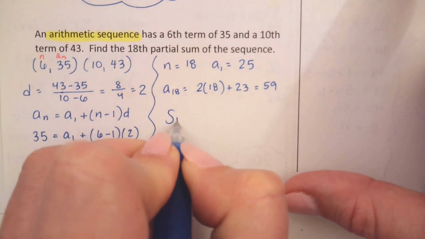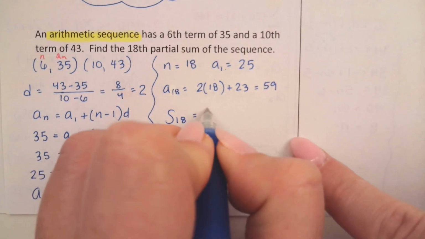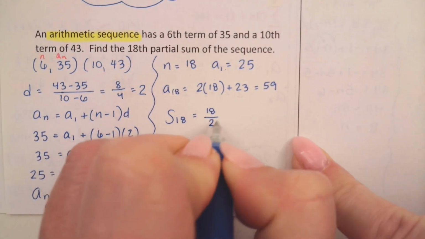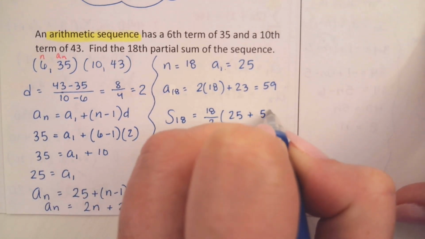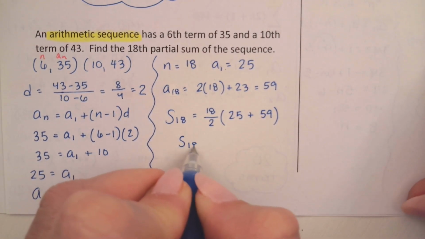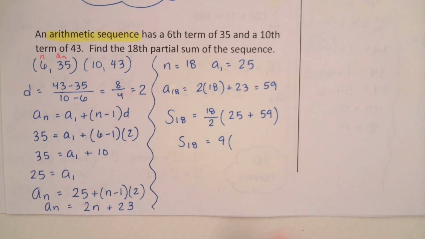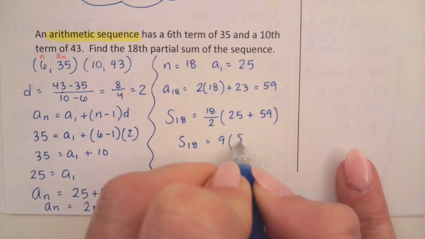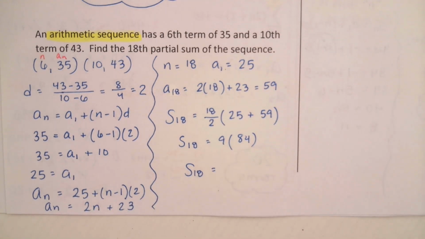So the sum of the first 18 numbers equals the number of terms divided by 2, so 18 divided by 2 times the first plus the last. 25 plus 59, 9 times 84, which is 756.